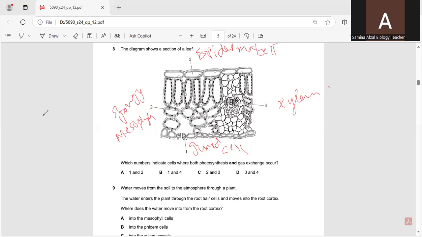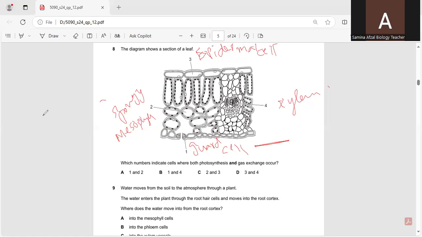So gas exchange occurs in guard cells and spongy mesophyll, and they have chloroplasts inside. Guard cells also have chloroplasts inside.